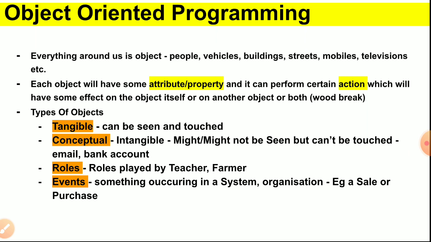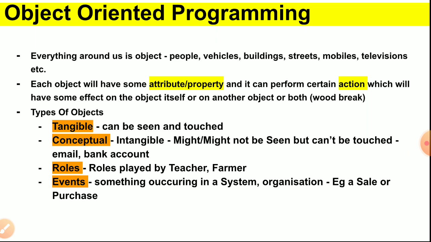For example, cars, birds, animals, anything that can be seen or touched is a tangible object. On the other hand, those things which cannot be seen, or can be seen but definitely cannot be touched, are known as intangible objects. For example, your email account or your bank account are intangible objects.